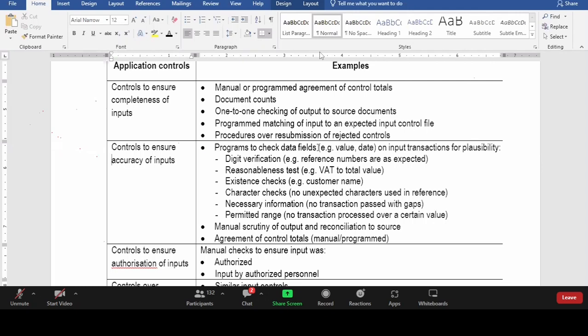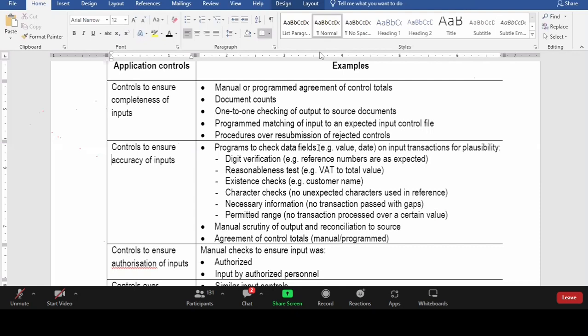Now, reasonableness test. The system checks. There should be controls to check whether the transactions are reasonable.